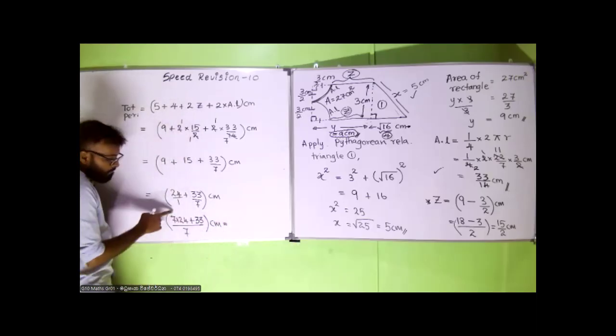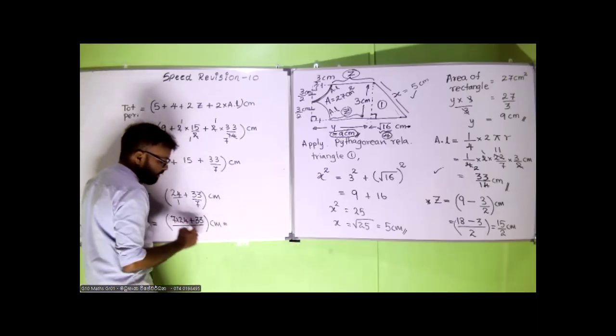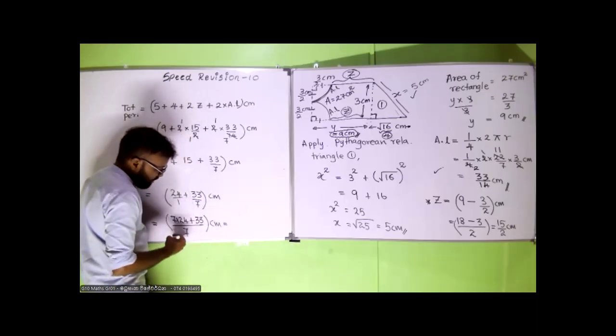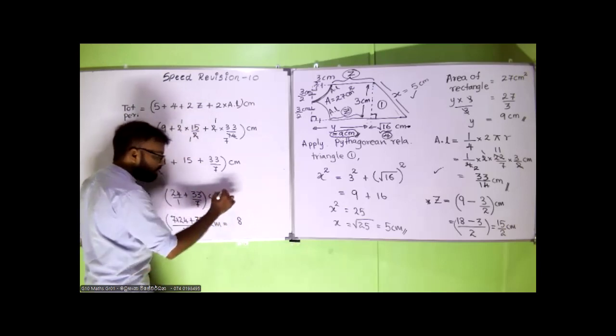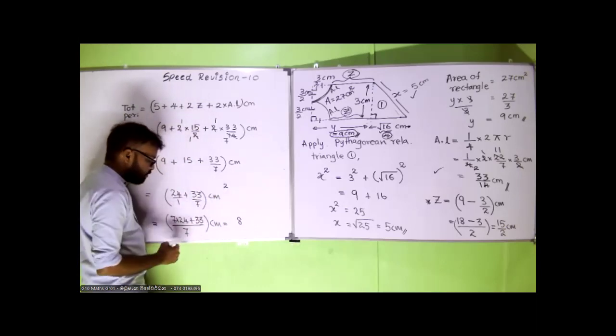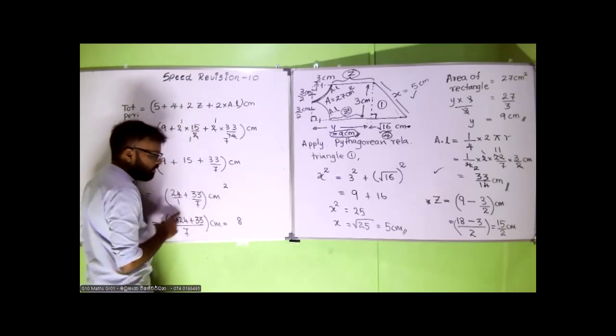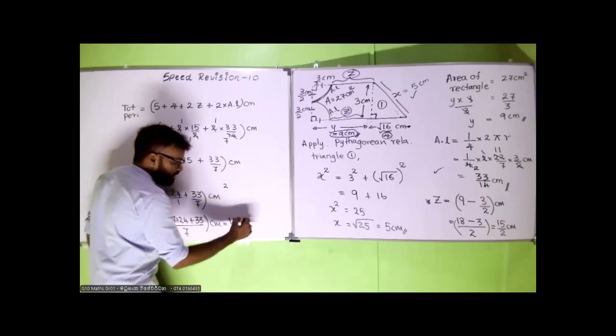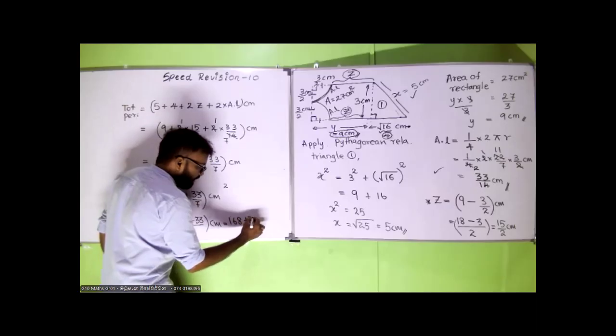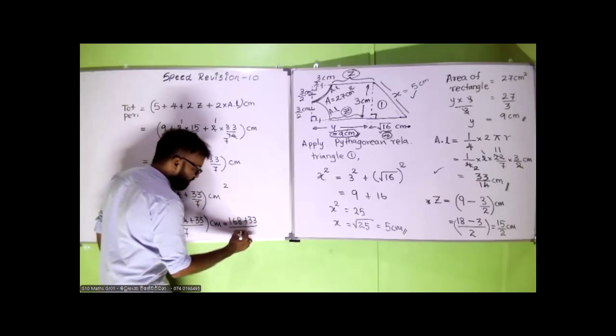Equal mark. 7 times 24 will give you 7 times 4, 28. The remaining number is 2, 7 times 2, 14. 14 plus 2, 16. And 16 plus 33, divided by 7.